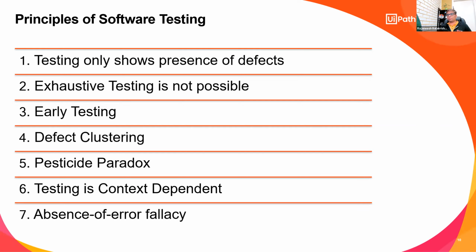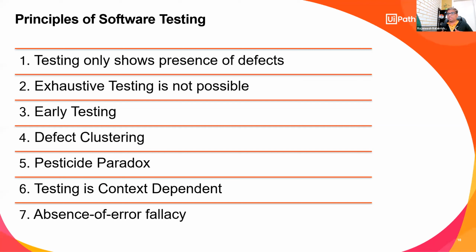Exhaustive testing is not possible. Somebody in a project or process says you need to test everything, each and everything should be tested properly, there should be no defects, and somebody has that attitude toward a testing team or a tester to test everything completely and thoroughly. No, it is not possible, because exhaustive testing is not possible.